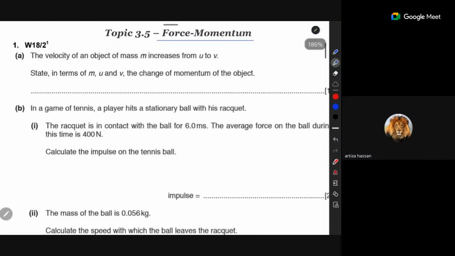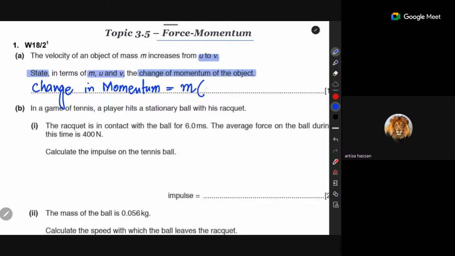The first question: the velocity of an object of mass m is increased from u to v. State, in terms of m, v and u, the change in momentum of the object. When we consider the change in momentum, it is equal to mass into (v minus u).